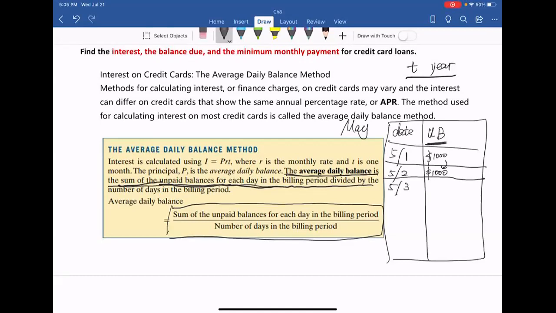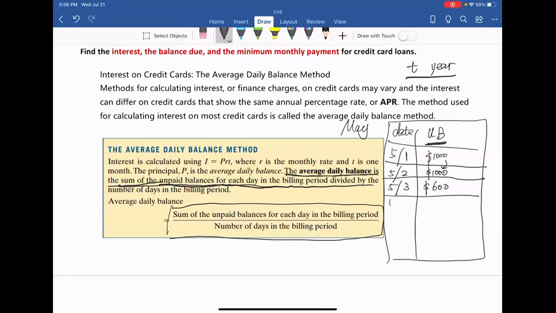On May 3rd, you got your paycheck from work, and you pay, for example, $400. Your new unpaid balance is 1,000 minus 400. You can put 600 here because 1,000 minus 400 equals 600.